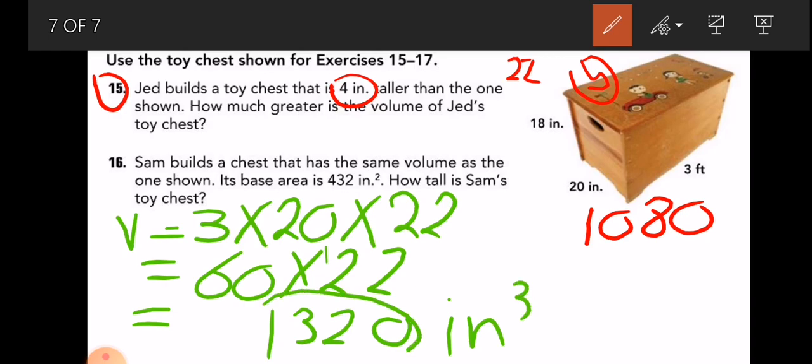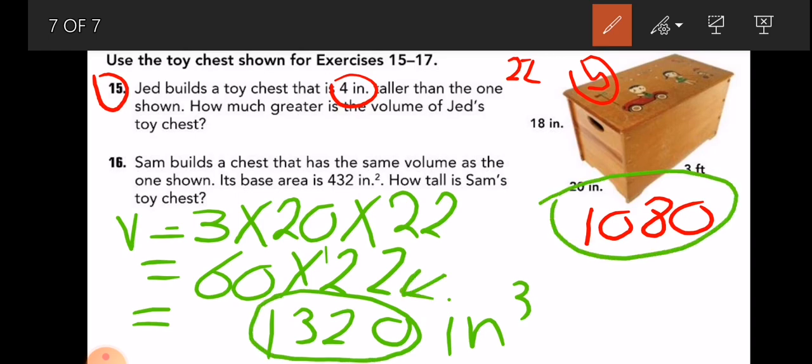Now I want to compare this one with this one to tell how much this one is greater. So I need to subtract.